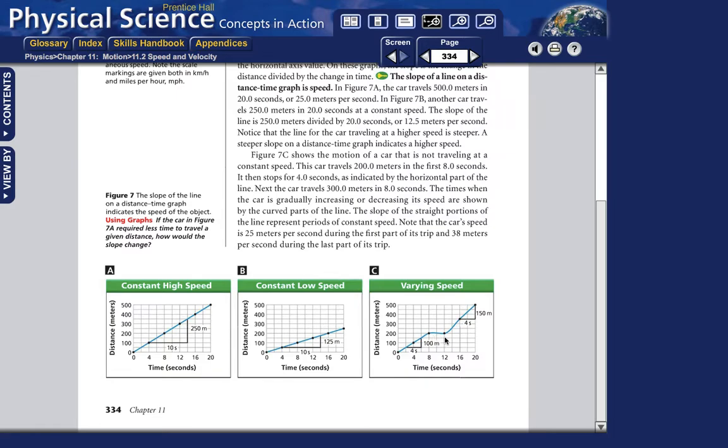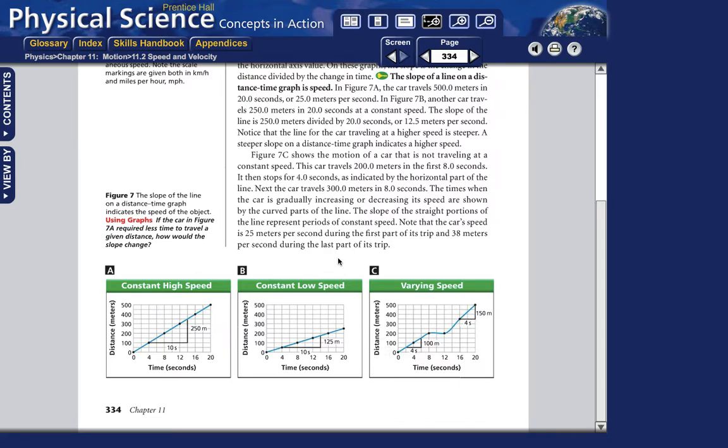The distance is not going forward, but the time is still going forward. So this means they stopped, maybe at a stoplight. And then they got faster. A scenario would be you're driving down Germantown Parkway, stop at a stoplight, and then they had to go again. So these are the distance time graphs which measure speed.